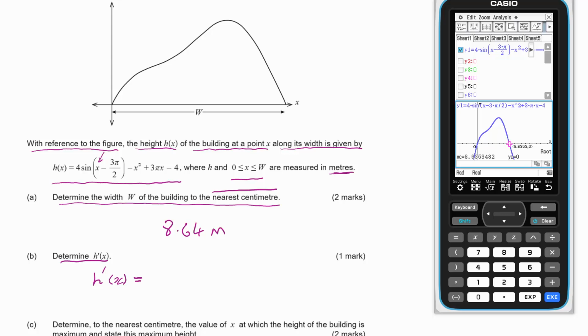So it is just going to be 4 cos, and remember the argument won't change, and then we'll have minus 2x, and remember here that pi is just a constant, so differentiating 3 pi x gives us just 3 pi, and of course the negative 4 here is just going to disappear.